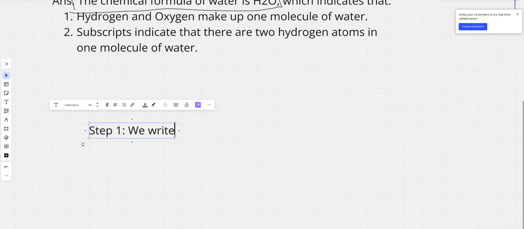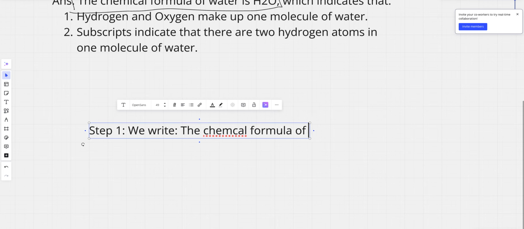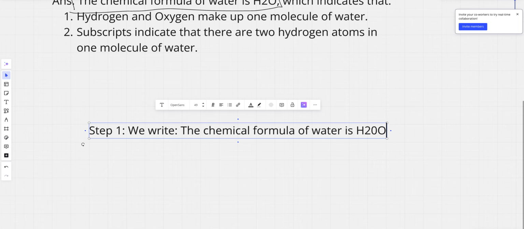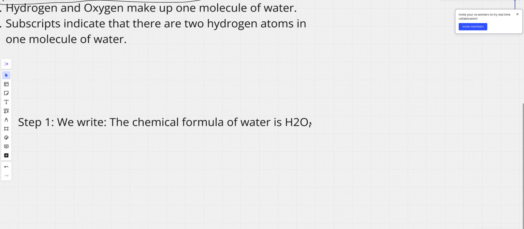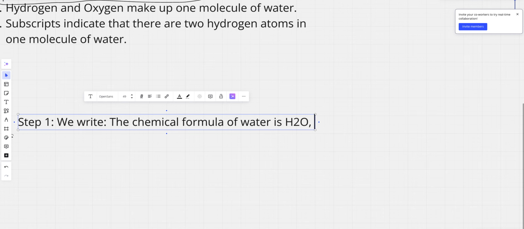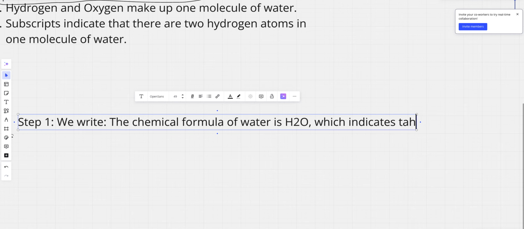So step one, the chemical formula of water is H2O, and then we continue the sentence, which indicates that.